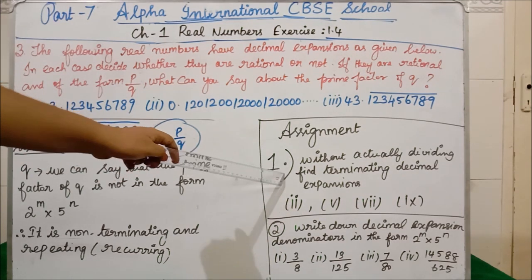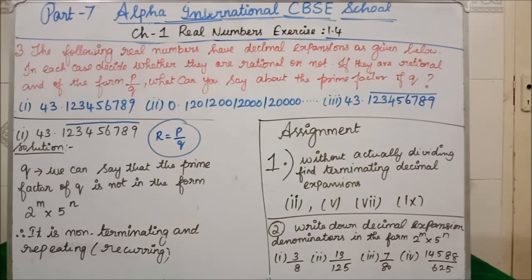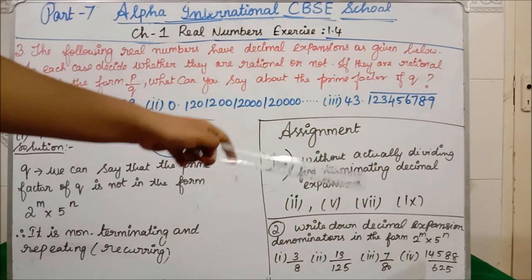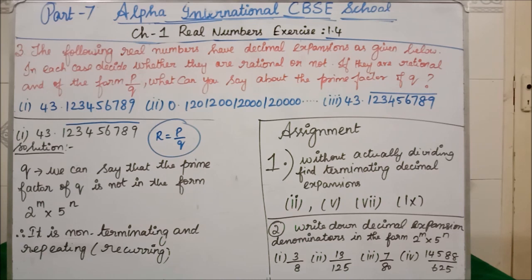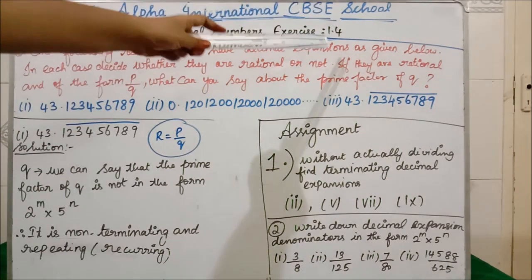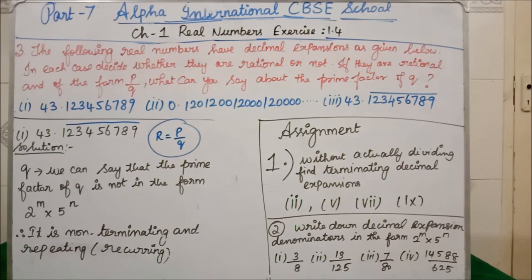Without actually dividing, we have to find the terminating decimal expansion or otherwise non-terminating expansion. In that first subdivision, I have done only certain problems, the remaining problems I have left. I told you before, the left problems are your assignment. These are the left problems. You are going to do them as your assignment from exercise 1.4 first subdivision.